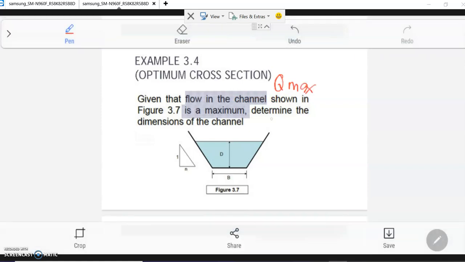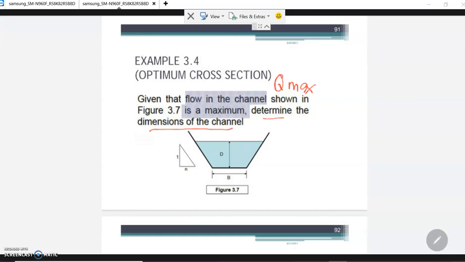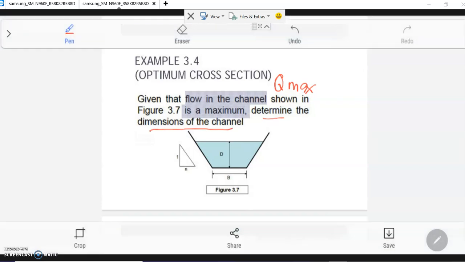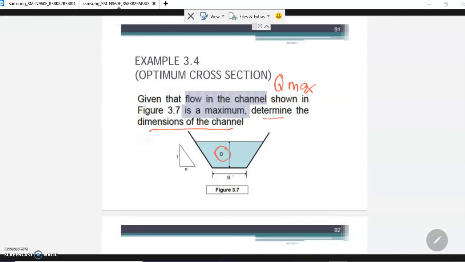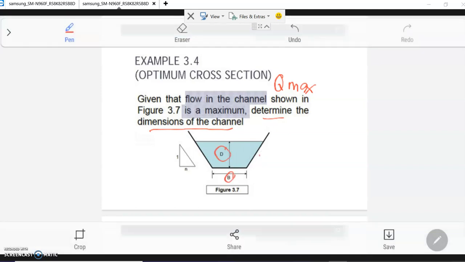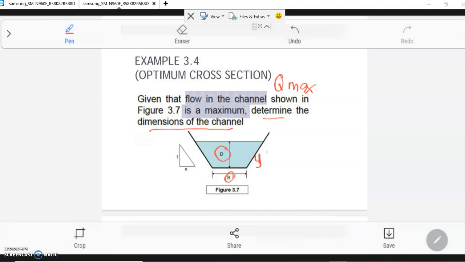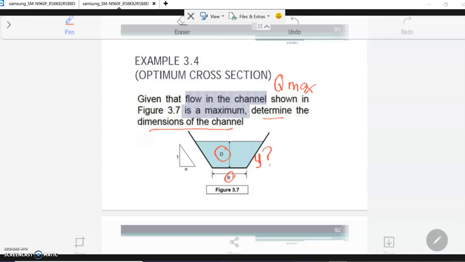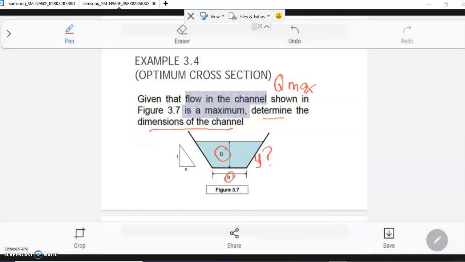And we need to identify the dimension of the channel, because from this figure we don't know the value of D, the value of B, and also the side. So how can we identify this?